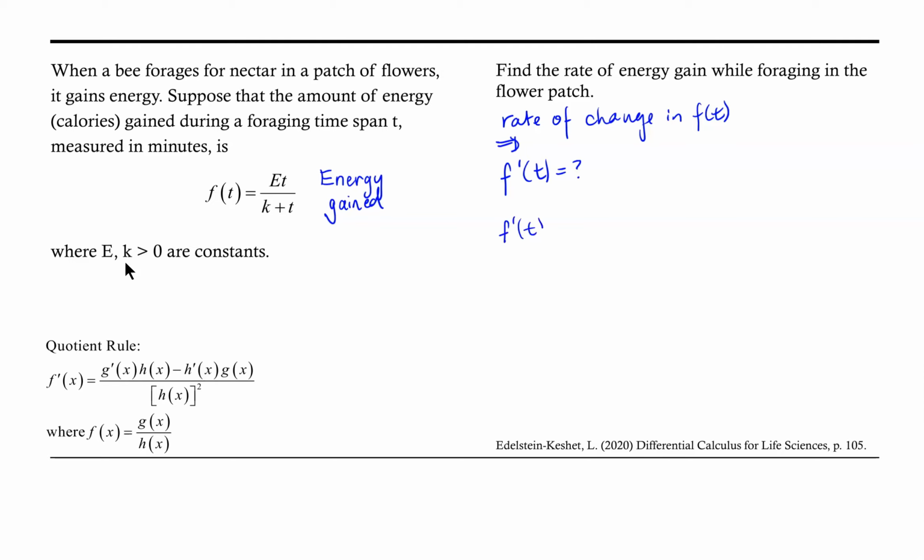So f prime of t, we're going to use the quotient rule, is the derivative with respect to t of our numerator, e times t, times our denominator, minus the derivative with respect to t of our denominator, k plus t, times our numerator, which was e times t, all over our denominator squared.